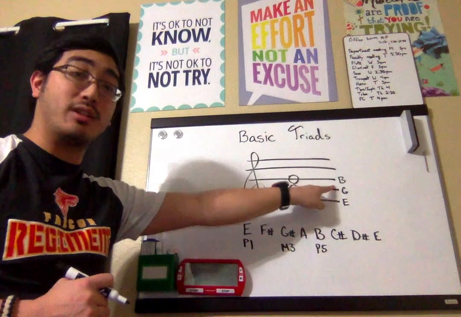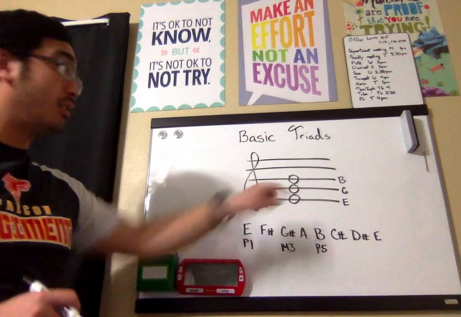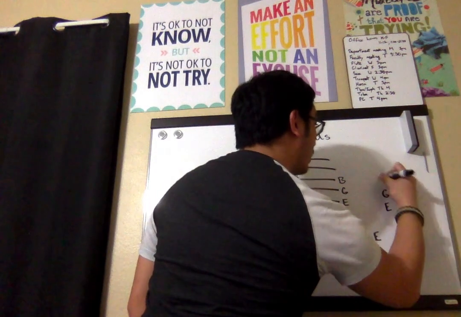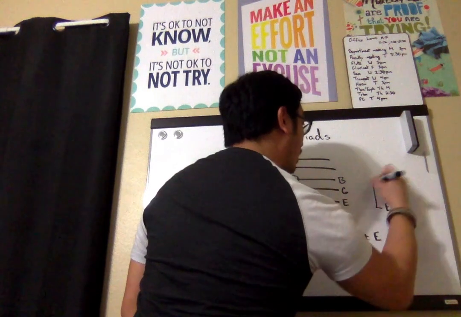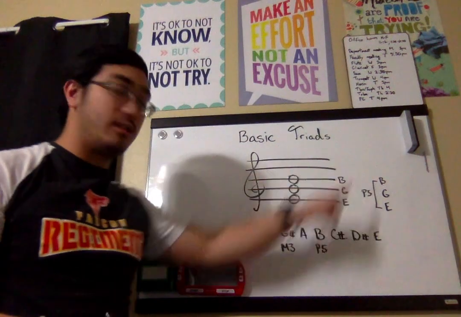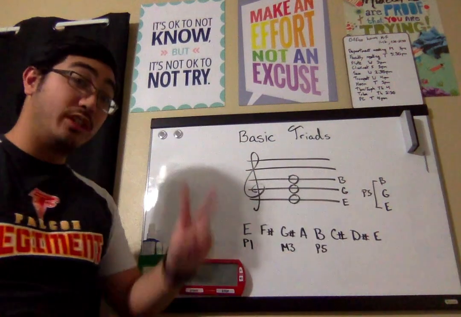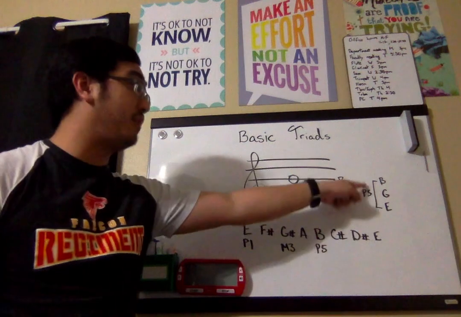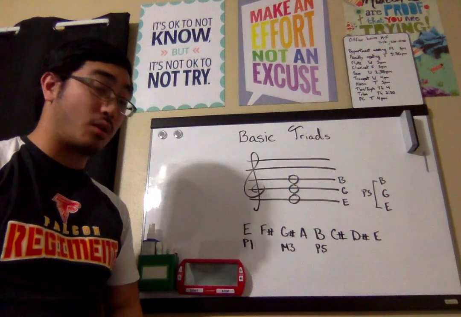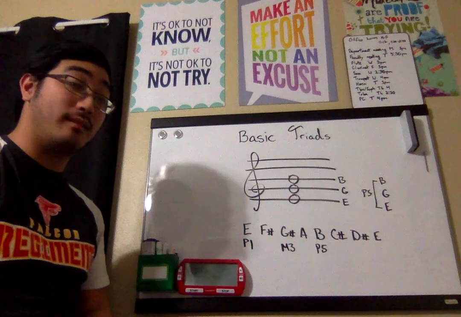B and B match. So right now, you have a perfect fifth from E to B. There are only two qualities that have a perfect fifth. So this is either a major triad or a minor triad.